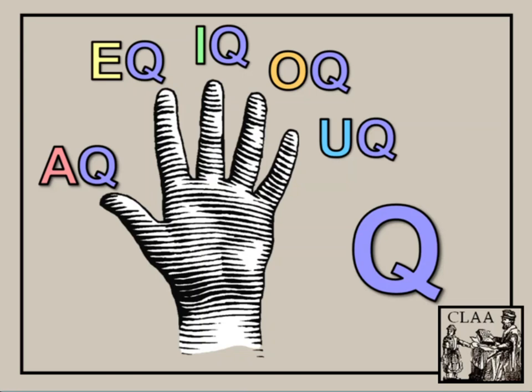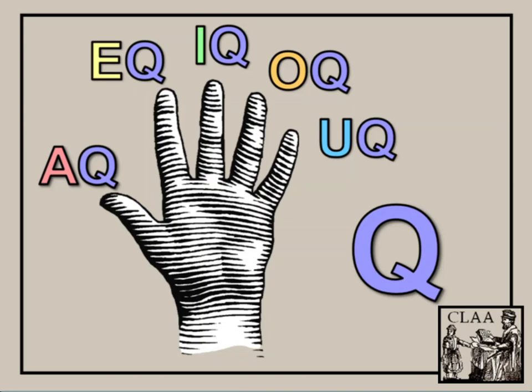Spell for me the syllable ak, ak. You should have spelled A-Q, ak. Spell for me the syllable ek, ek.